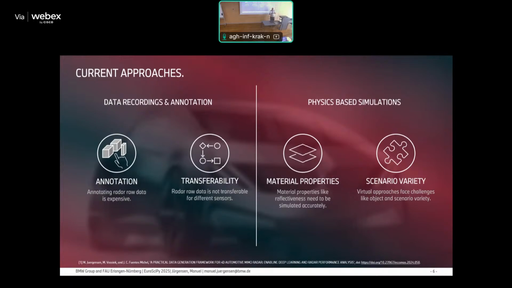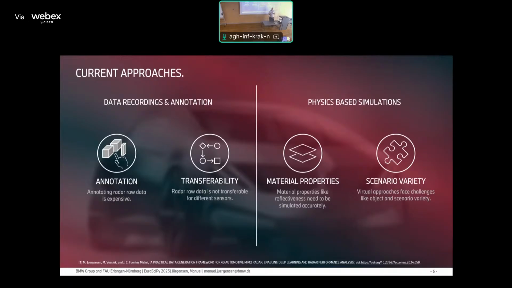We can do that, but the problems which arise there are that you need to know all the material properties. Let's say you have a 3D environment where you simulate your radar signals. You can do that, but you need the material properties of everything in that environment. That's quite challenging and also quite costly.